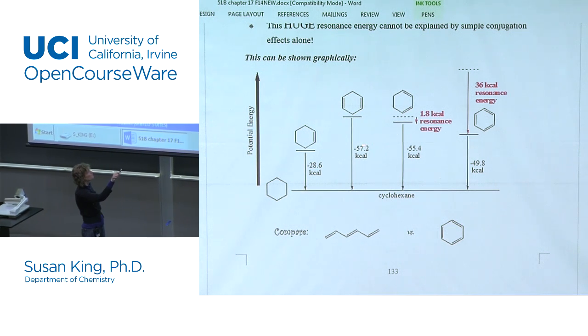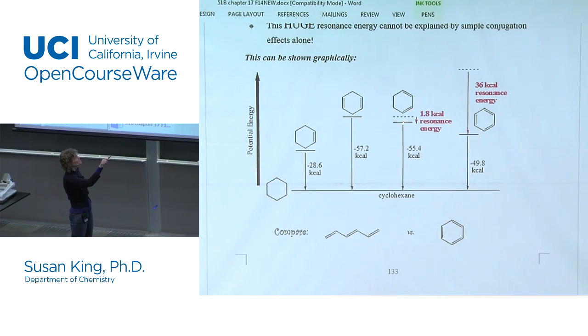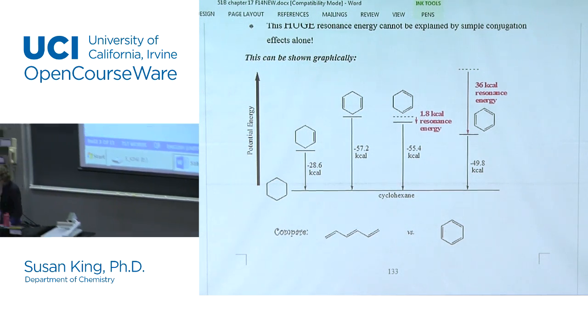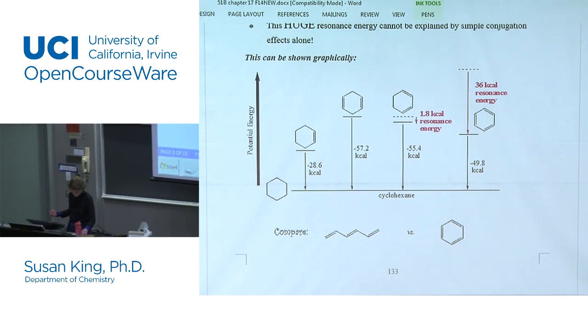We'd expect minus 57.2, but it's actually a little more stable. It only gives off minus 55.4, so this is at a lower energy. And now we would expect here, all the way up here, and this is actually lower than both of these. Okay, so there's a really big thing going on here.